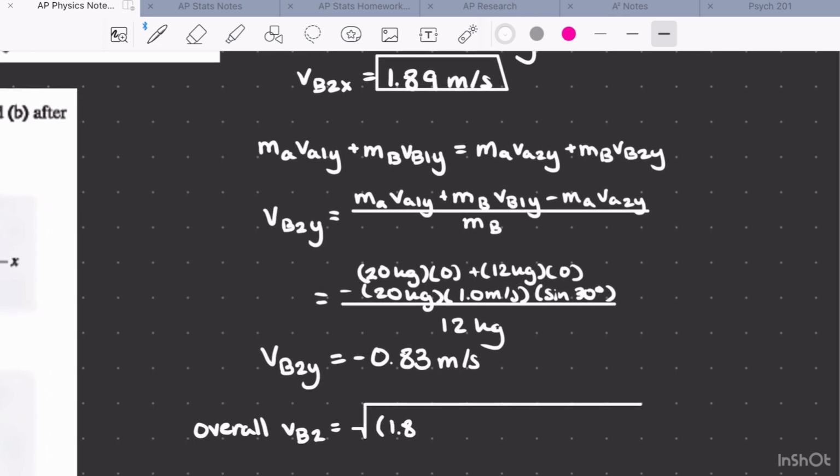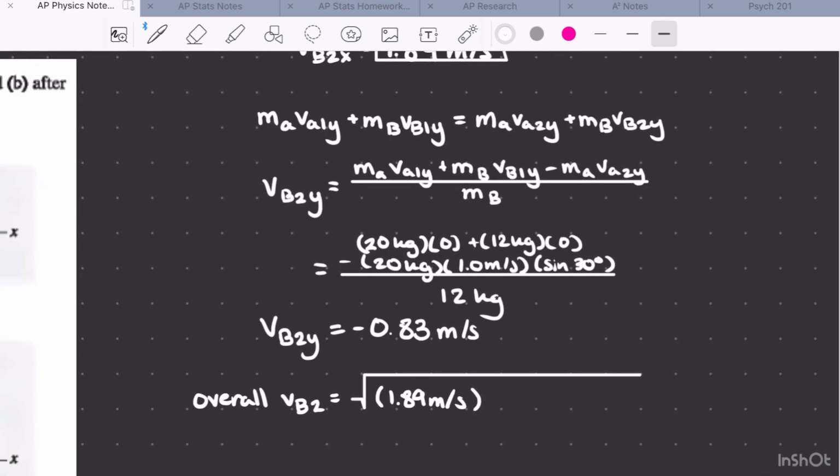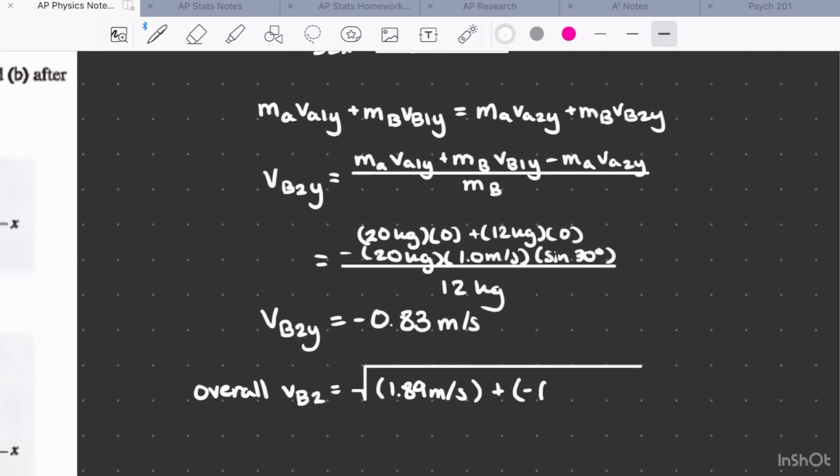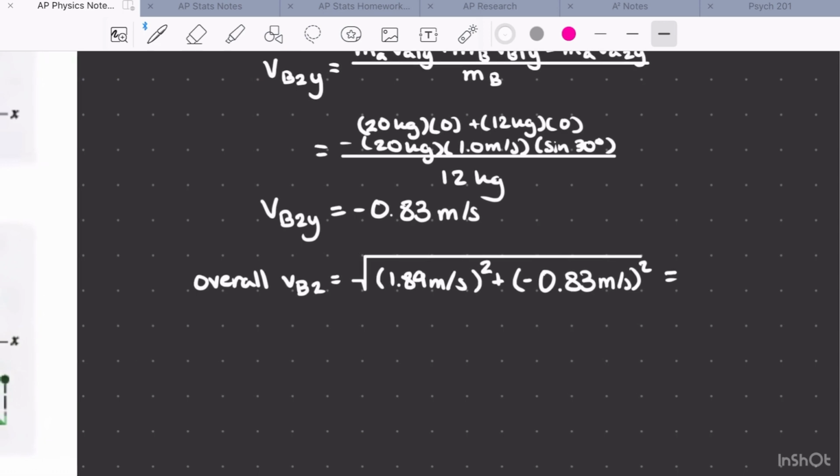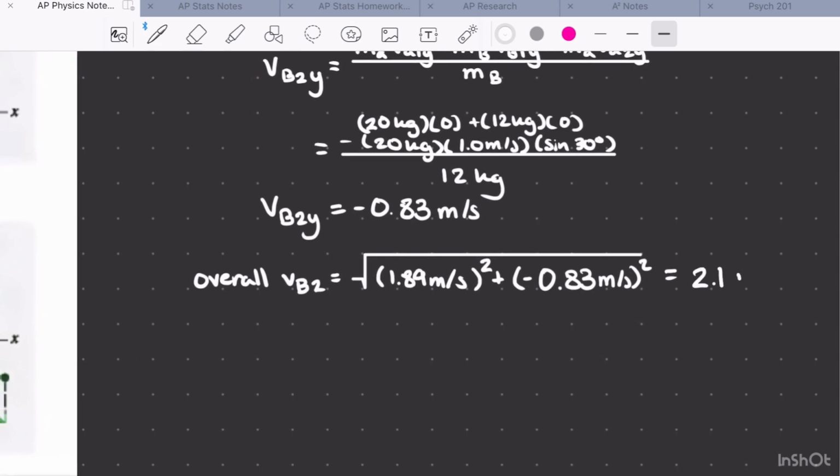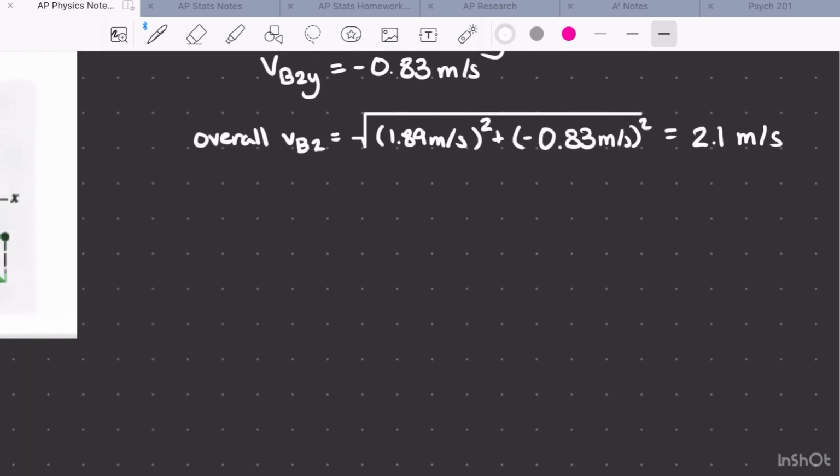So we do 1.89 meters per second plus our negative 0.83 meters per second. And we square both of those, and then we take the square root of that to find our c value, which is 2.1 meters per second.